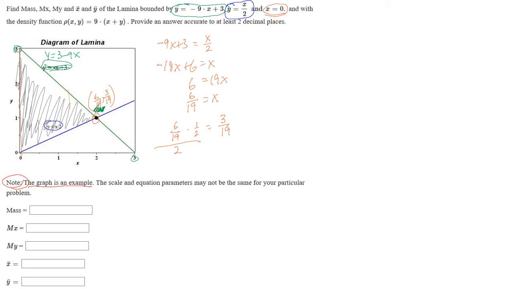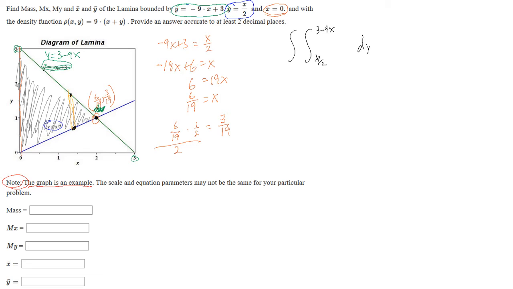So notice that this is a nice type 1 region, y simple, I call it. And so we can set up our double integral that starts with a dy. So the y's are going to need to go from this blue line, which is y equals x over 2, to this green line, which is y equals 3 minus 9x.